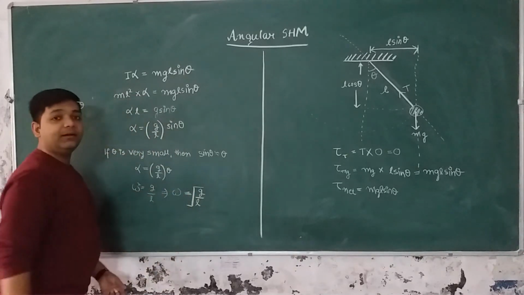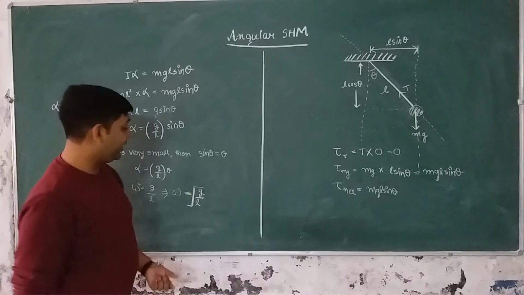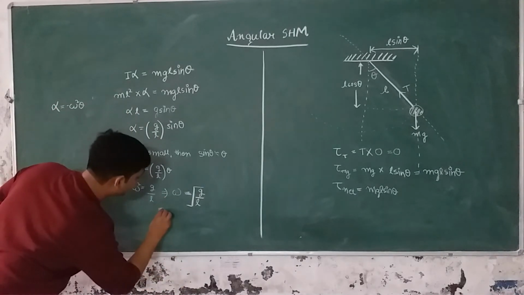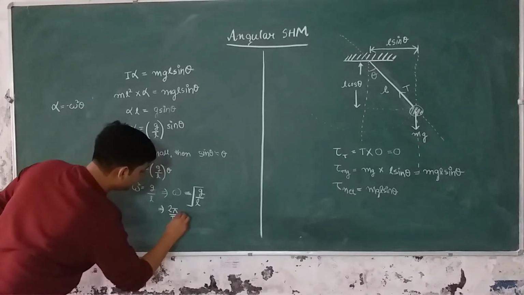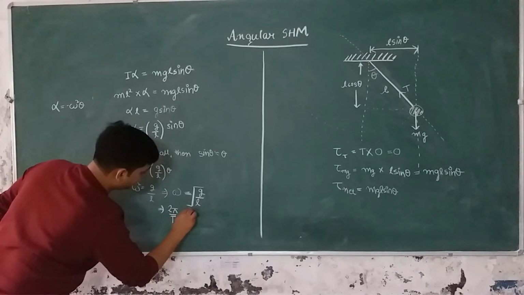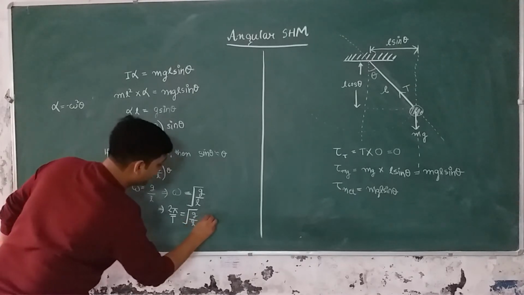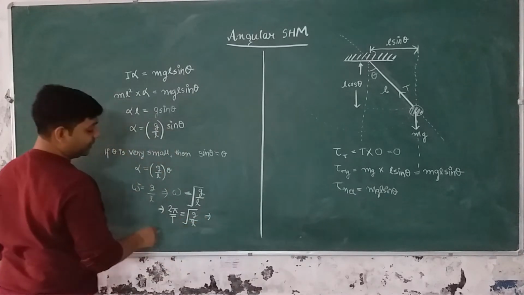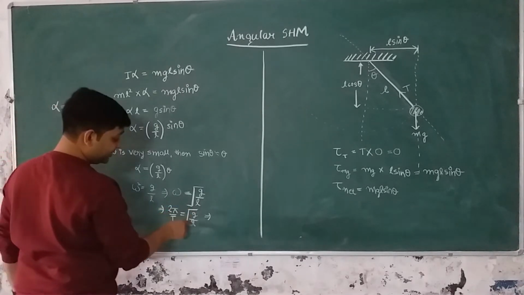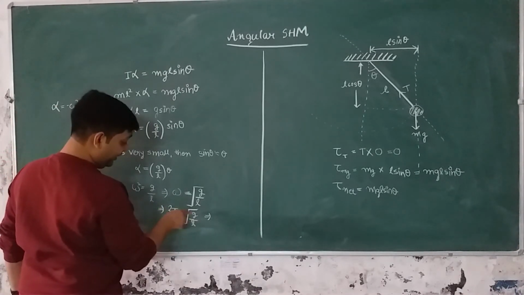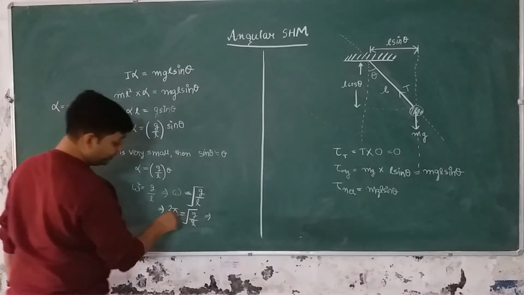And what is omega? Omega is 2 pi by T. So omega can be written as 2 pi by T is equal to under root of g upon L. From here T will be 2 pi as it is, since T will go to the RHS, and this root L will come up and root g will go down.